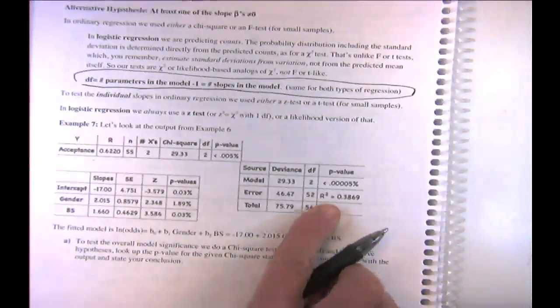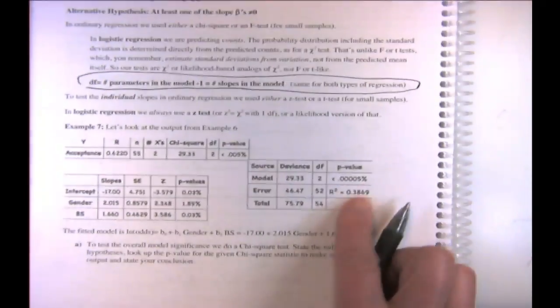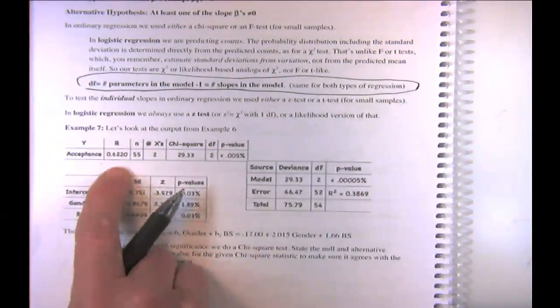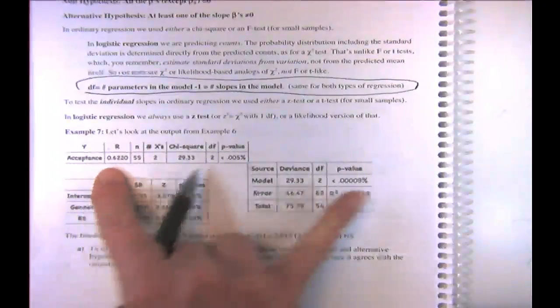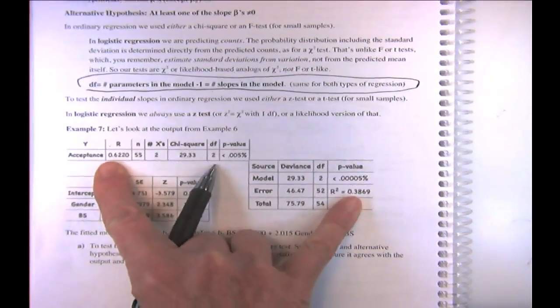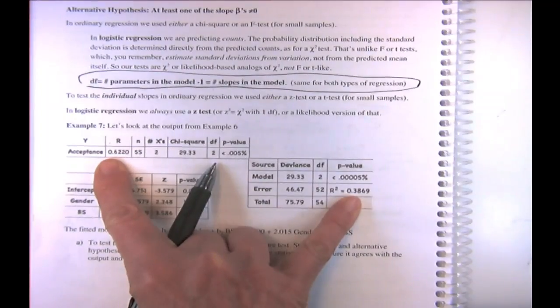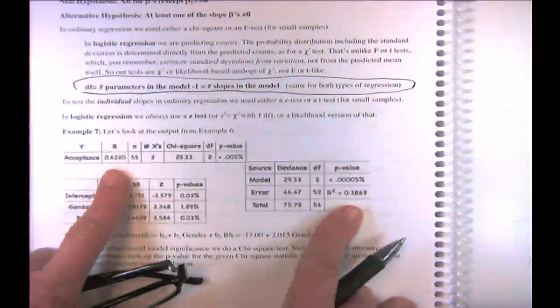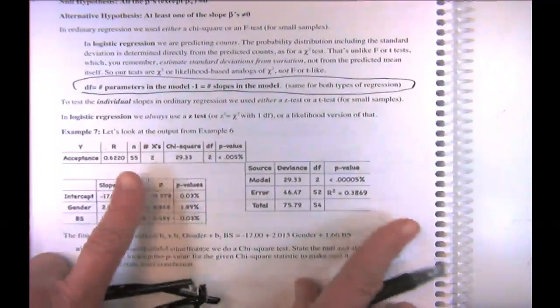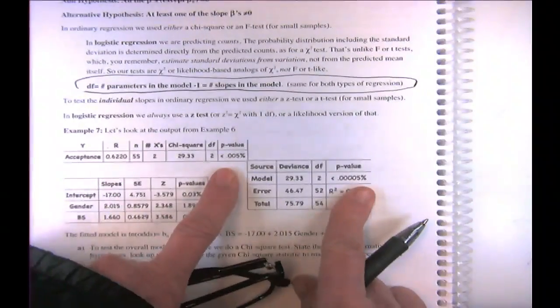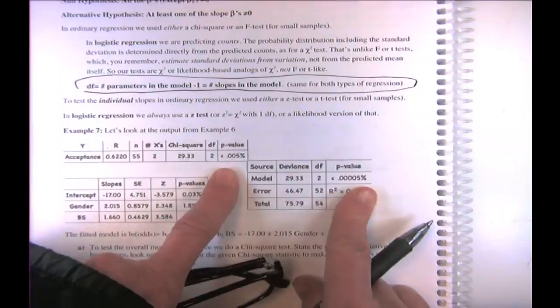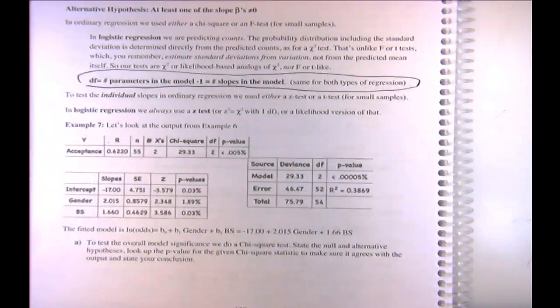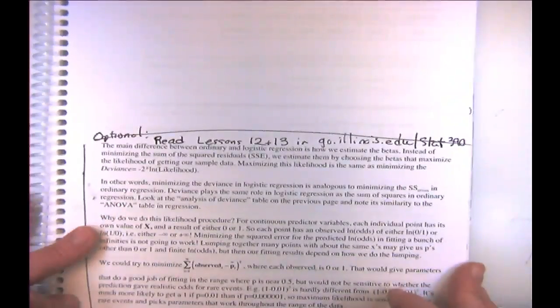And if you look at this R squared here, it's very similar to the R squared you'd get in ordinary regression. It's going to give you extremely similar results. The bigger the sample size, the closer these R squareds will get to each other, and the closer the p-values will get to each other. And in the limit, they'll be the same.